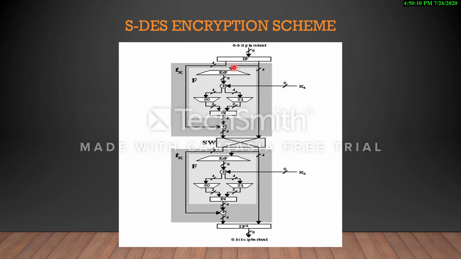The standard formula for the Feistel cipher structure is L exclusive OR of f of R comma SK, comma R. Here we take the left part and perform an exclusive OR. The next term, f of R comma SK, means we perform some function on the right-hand side bits R with the help of the sub key SK.